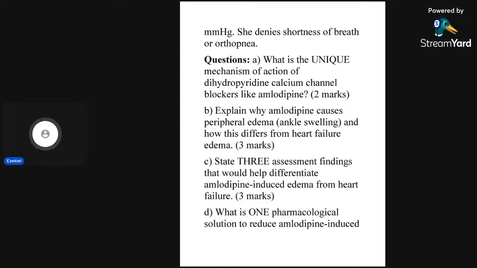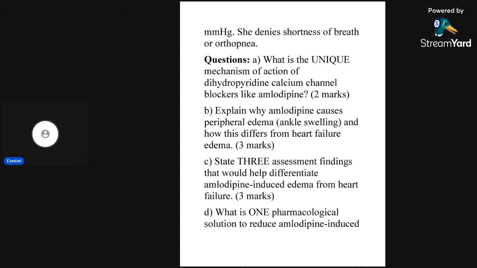The dihydropyridines of calcium channel blockers will block the vessels part, the vasodilation part. While the non-dihydropyridines, where non means opposite, will block both the vessels and reduce contraction in the heart. Examples of non-dihydropyridines are verapamil.